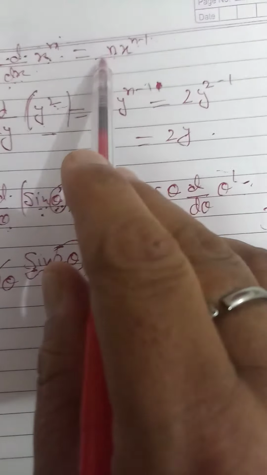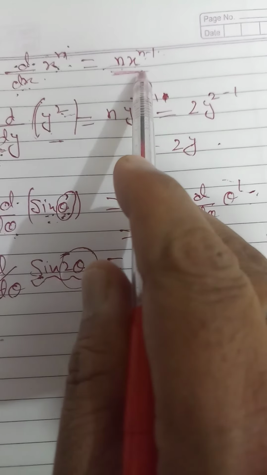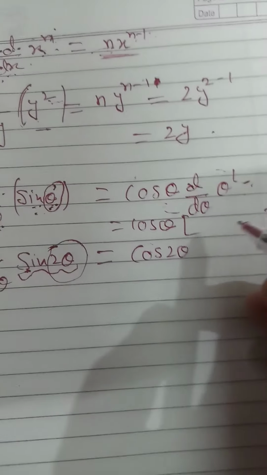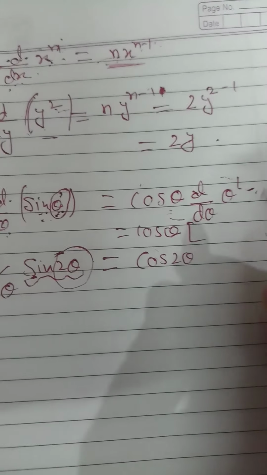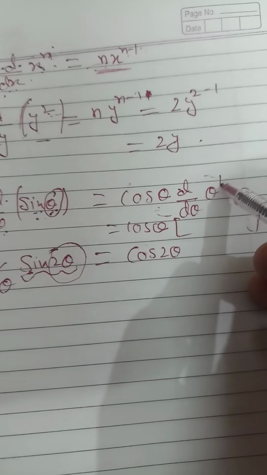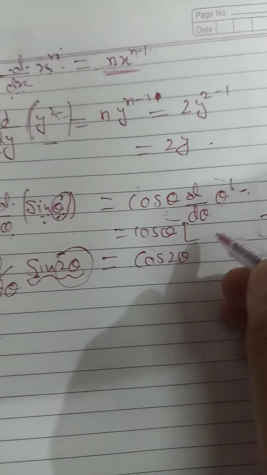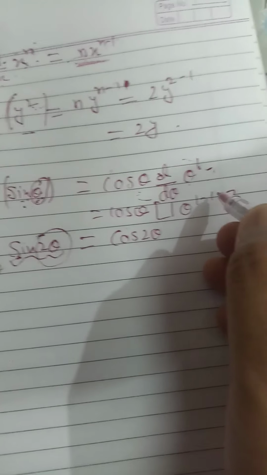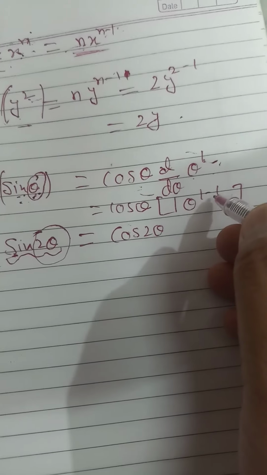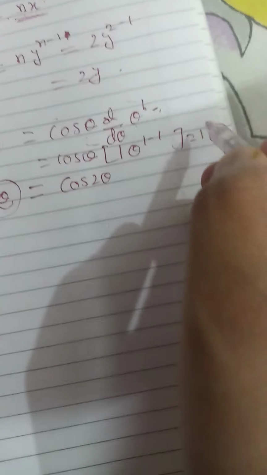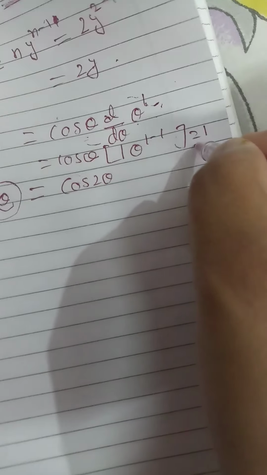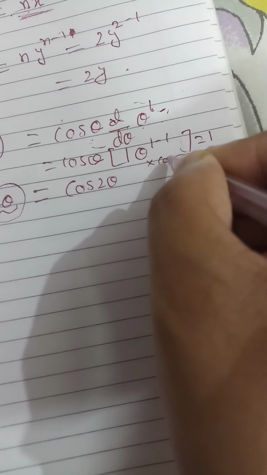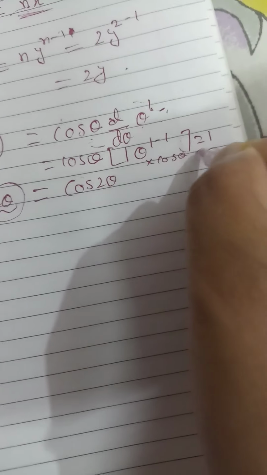I will use the same basic formula, n x^(n-1). Only terms will change. Now what is the basic formula? n x^(n-1). Here what is n? 1. And what is x here? Theta. So I will write the same thing: 1 theta^(1-1). So theta to the power 0 is what? 1. So my answer will come 1. So I will write here only 1 into cos theta. So my answer will basically be cos theta, which I have written here actually.